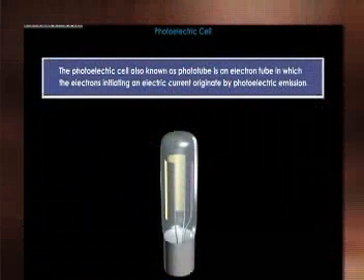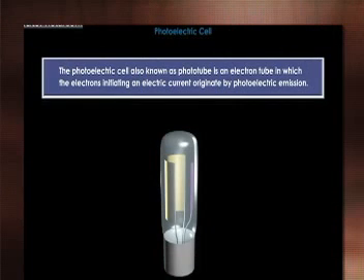Students, I am sure you are wondering how the photoelectric effect can be put to use in the real world. A photoelectric cell, also known as a phototube, is an electron tube in which the electrons initiating an electric current originate by photoelectric emission.